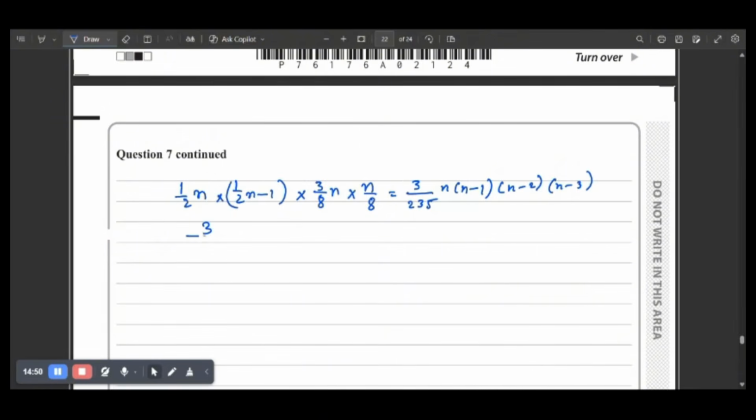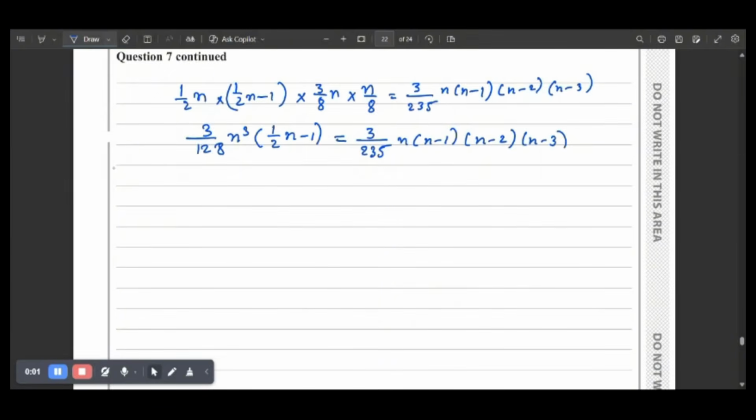This is equal to 3 by 128 into n cube, half n minus 1. This will be equal to 3 by 235 n minus 1, n minus 2, and n minus 3. So we can simplify it further.